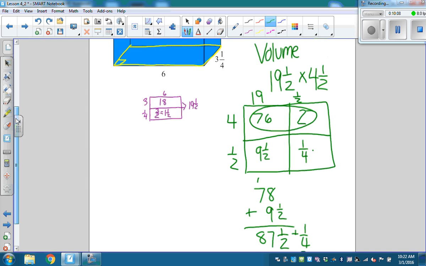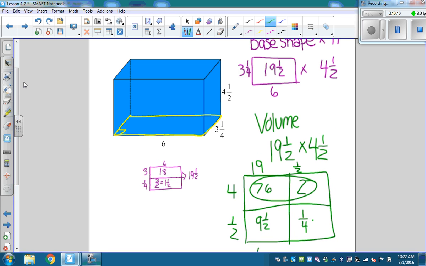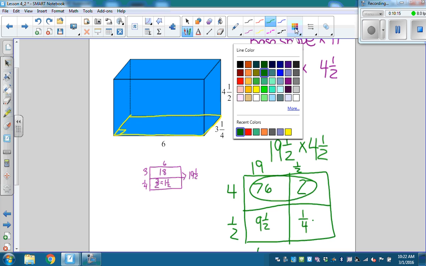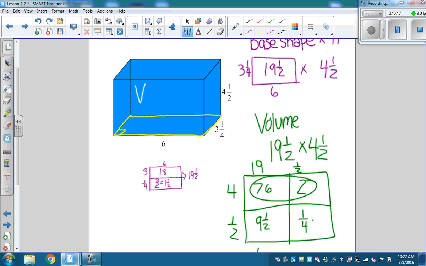Bringing that back up to the original picture here, that tells us the volume of this blue solid is 87 3/4 cubic units.